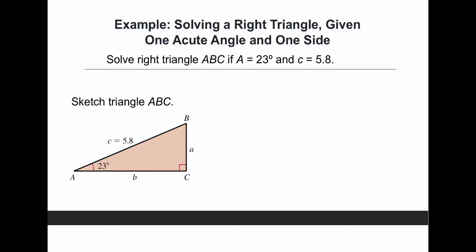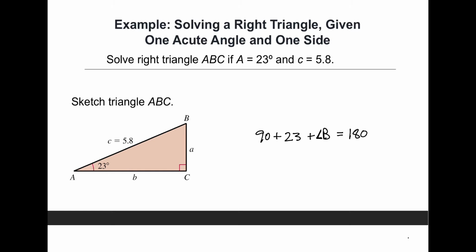Okay, so if we know that A is 23 degrees and C is 5.8, can we find the other sides? Well, for one, I can find the other angle, right? If this is 90 and this is 23, 90 plus 23 is 113. So let me write this out. 90 plus 23 plus, we're just going to say B there for the angle B. And sometimes we'll put a little angle symbol next to it.